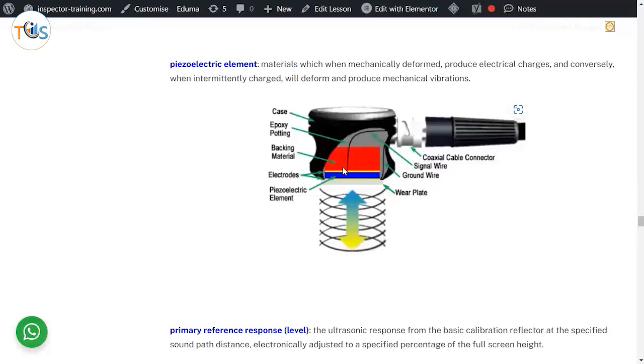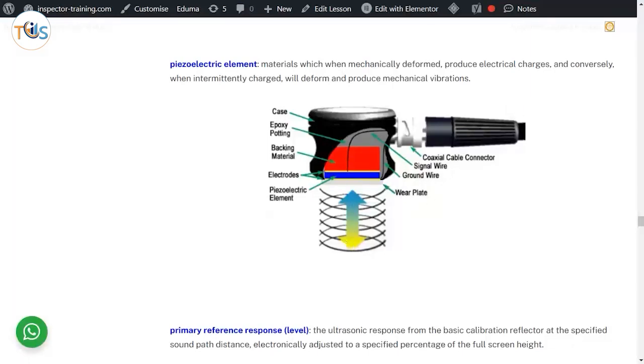You can see there are wires; once you put an electrical pulse, the piezoelectric starts vibrating, and that vibration is in the form of ultrasound. It gets generated, and it goes through.